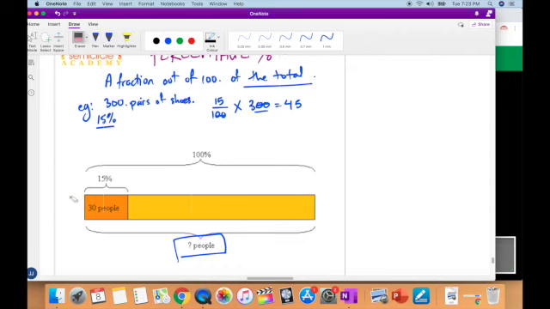No, the percentage is representative. Take away 15 from 100. Right? So 100 minus 15 is 85.